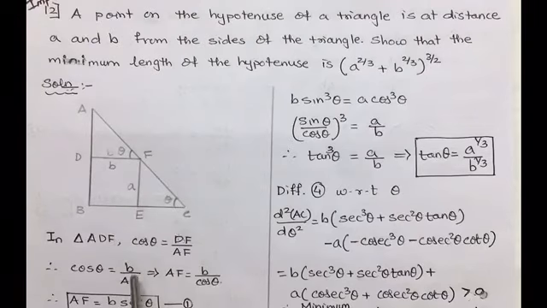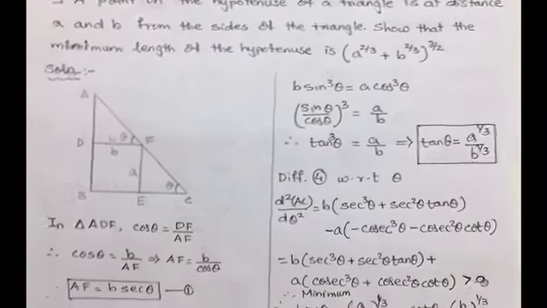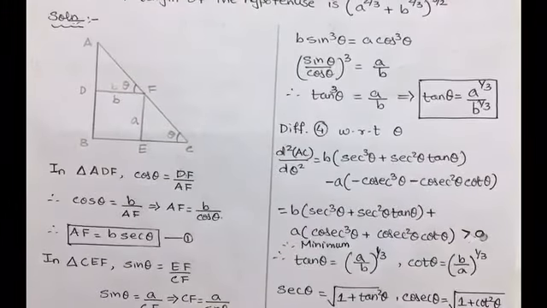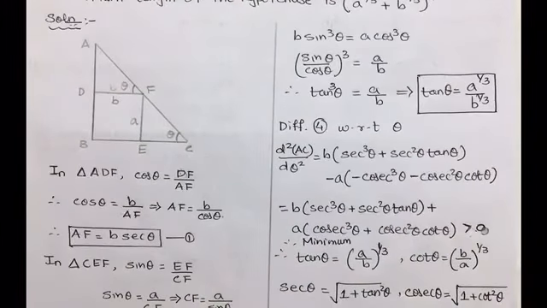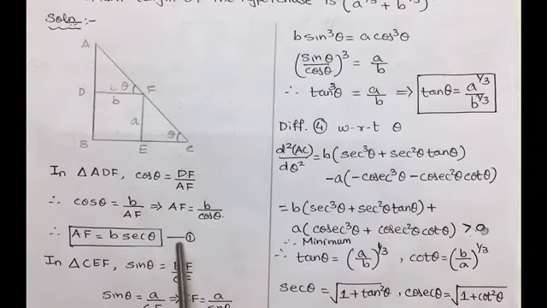DF taken is B, so cos theta will become B upon AF. This implies AF is equal to B upon cos theta, so 1 upon cos theta gives AF is equal to B sec theta. Marking this statement as 1.